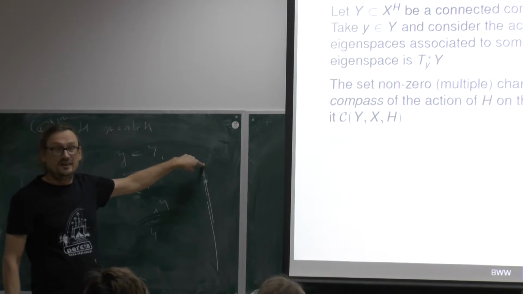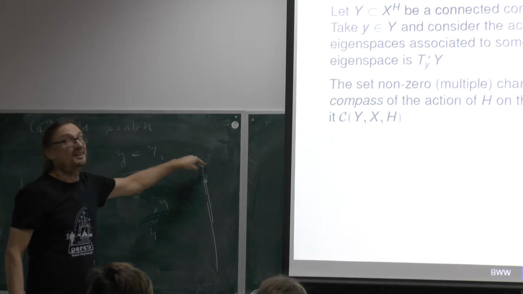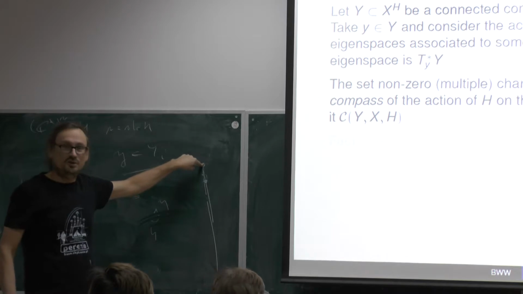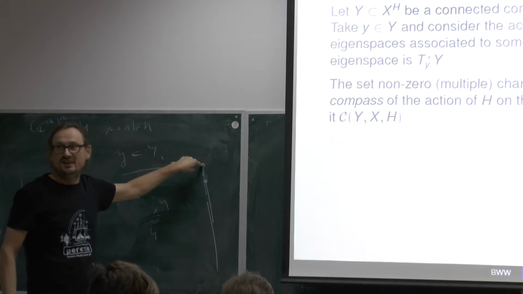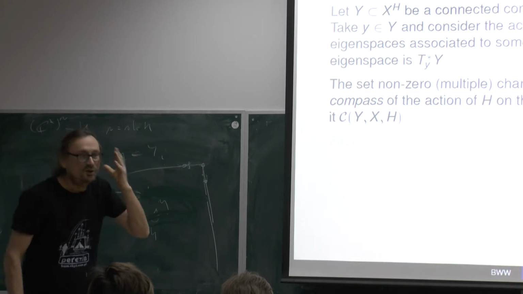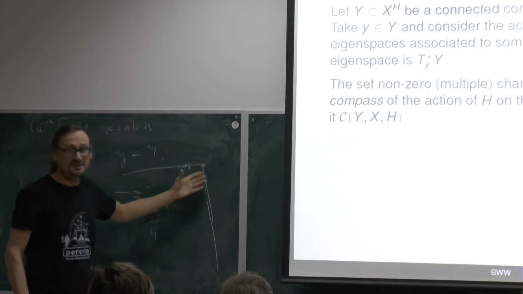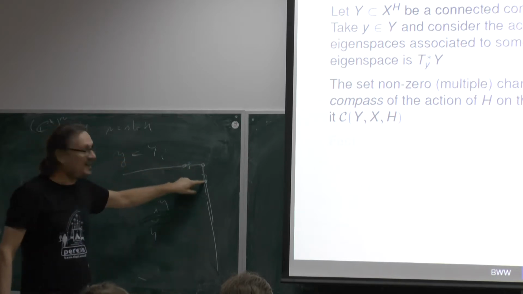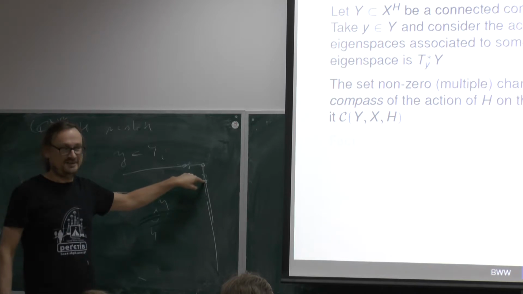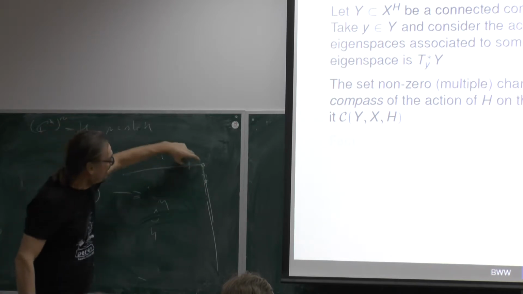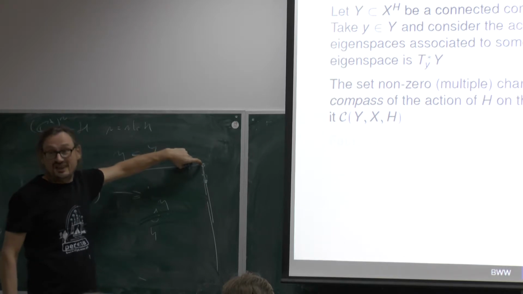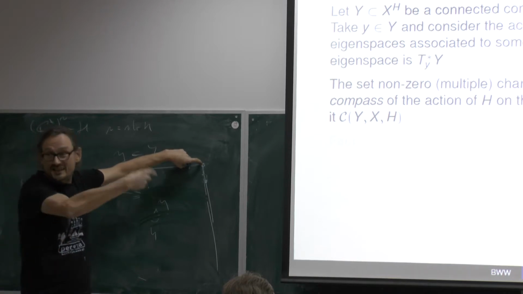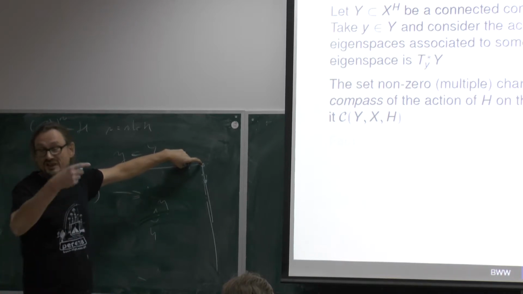These are the eigenvectors, these are the eigenvalues of the action of the torus on the tangent space. Why is that? Because, come on, in the toric case, you just write this invariant neighborhood in the smooth case as just an affine space, and these are associated to the coordinates of the eigenspace. So the vectors from here to here are actually the characters on which the torus acts on these eigenvectors, in this coordinate system.